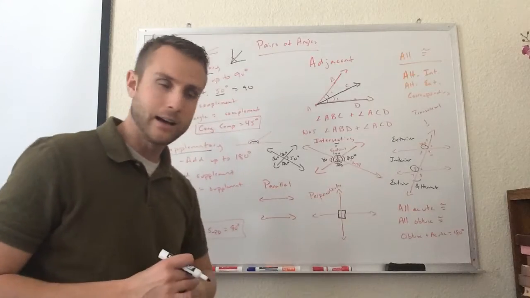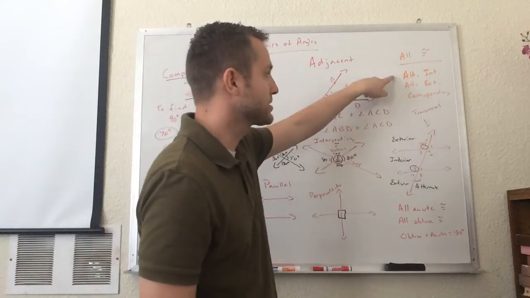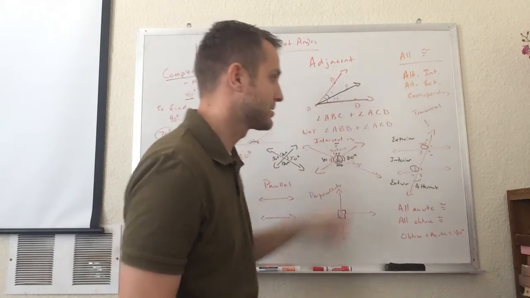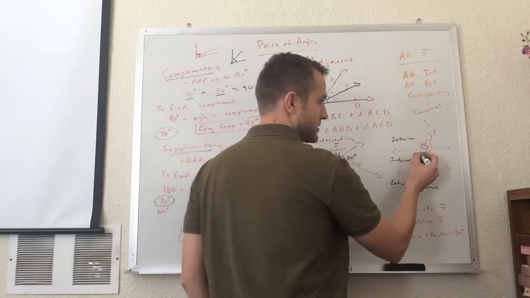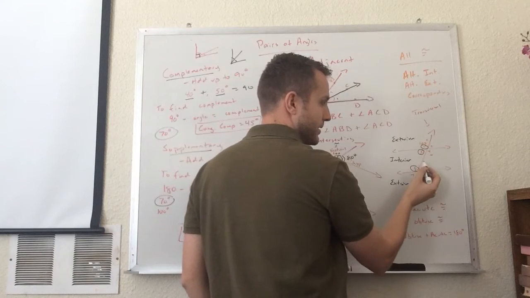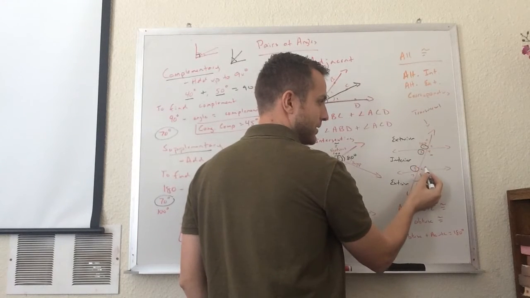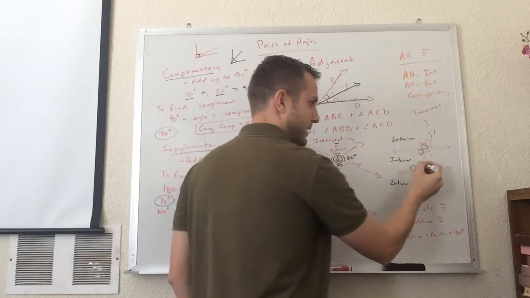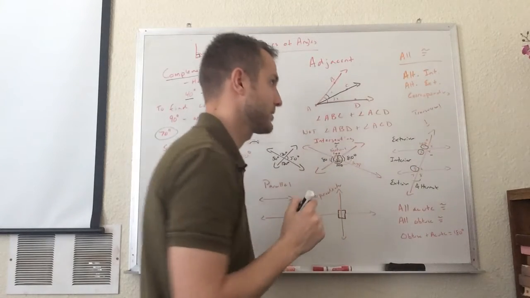Now, sometimes I can combine these. So for example, alternate, remember that's the opposite side, interior angles. So alternate interior angles, these, remember, are all interior. So if I have 3, the angle that is alternate on the other side and interior is 6. So 3 and 6 are alternate interior, and then 5 and 4 are alternate interior.